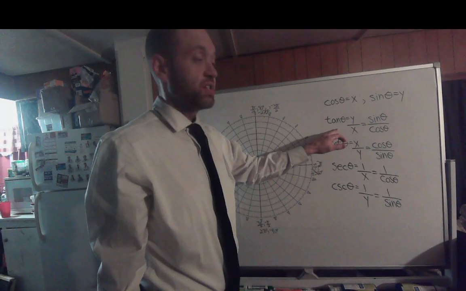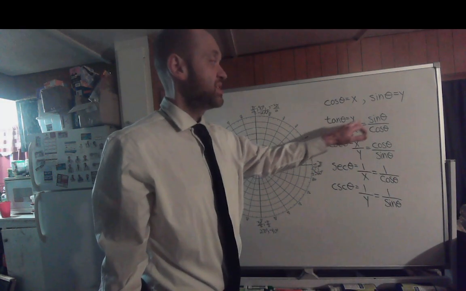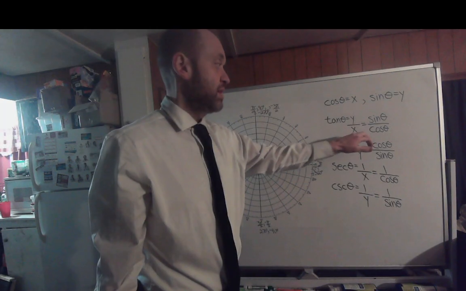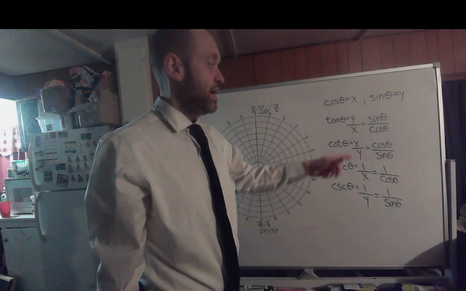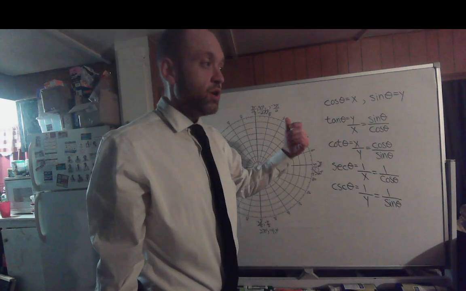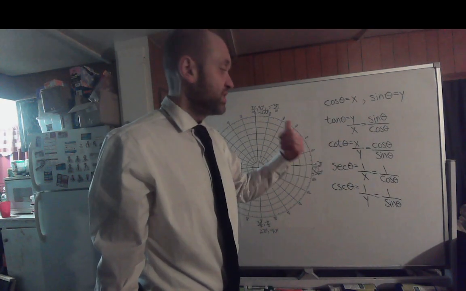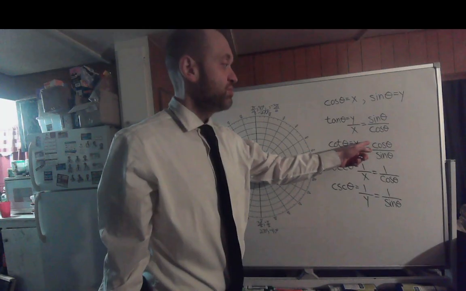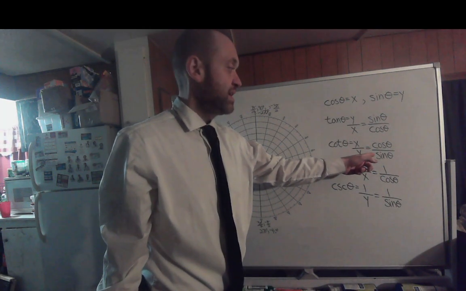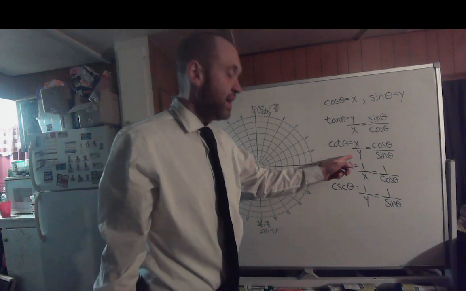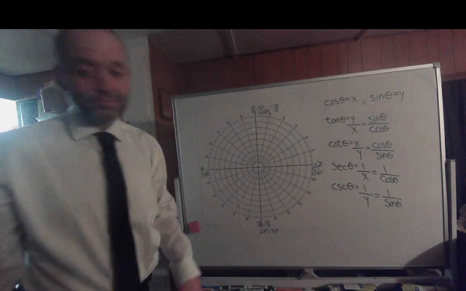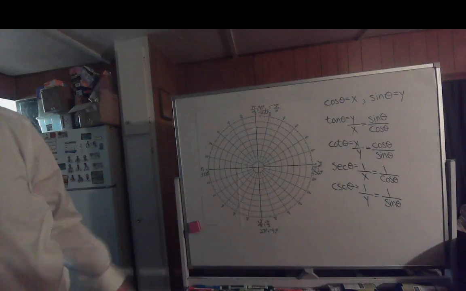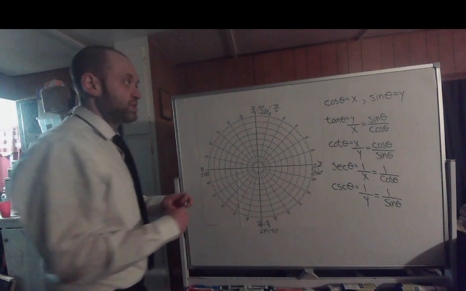You can use this for all functions. Tangent is sine divided by cosine, or y divided by x. And cotangent is the reciprocal of the tangent function, so that's cosine divided by sine, or x divided by y. So those are particularly useful to know.